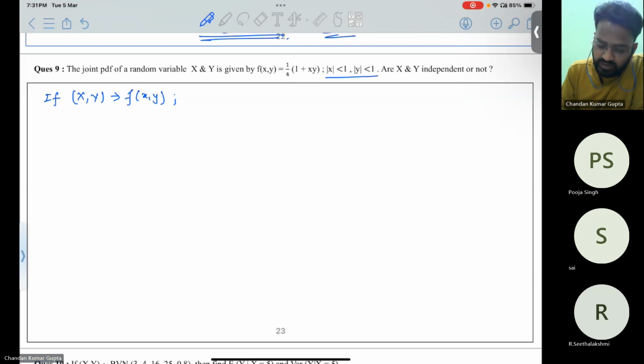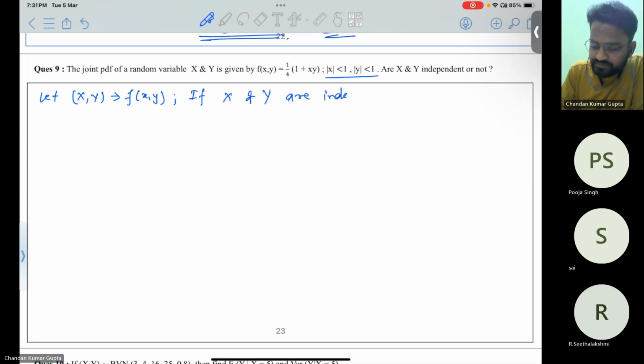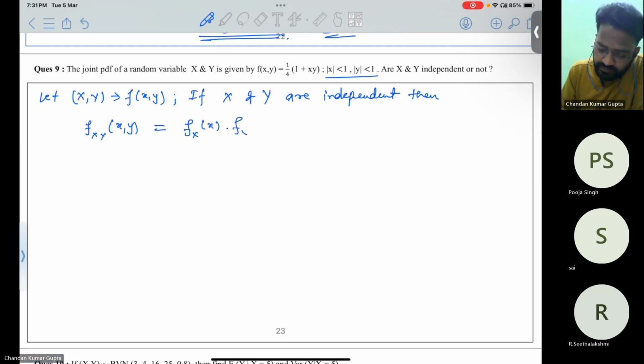If x and y are independent, then the joint PDF can be written as a product of the marginal PDFs. This is the criterion to check the independence of two or more random variables. So first we need to calculate fx.